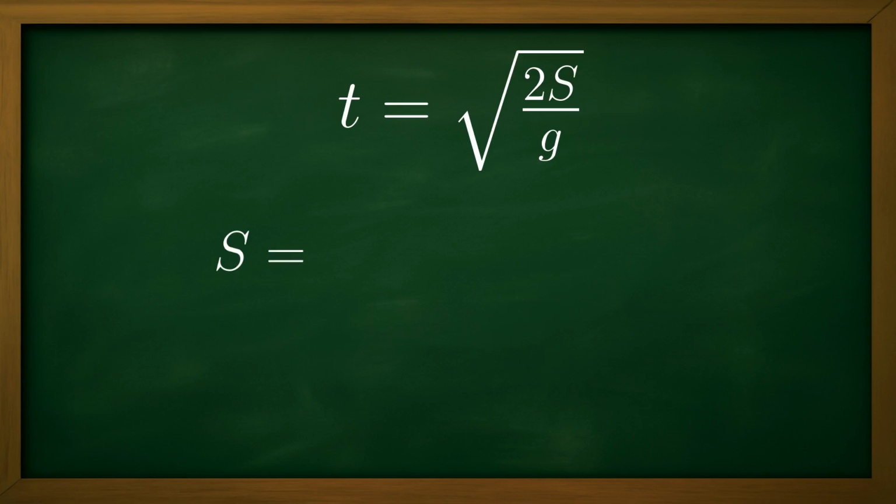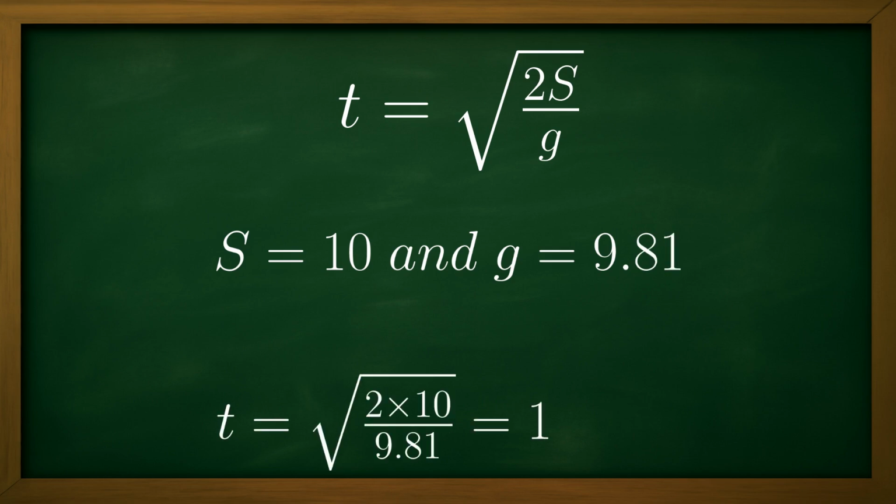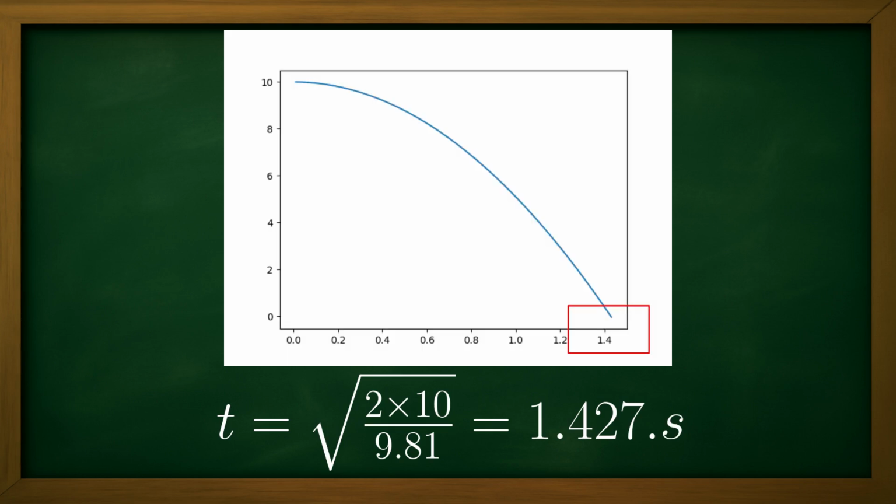Using 10 meter for our displacement s and 9.81 meter per second square for g, we will obtain time taken as 1.427 seconds. Looking at our plot again, it is quite clear that we are also predicting a very close value.